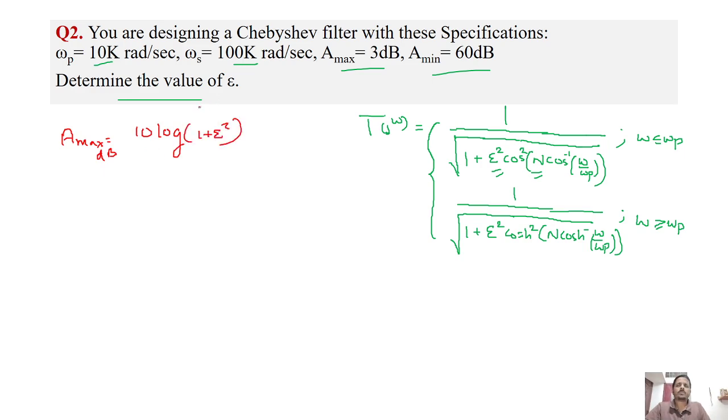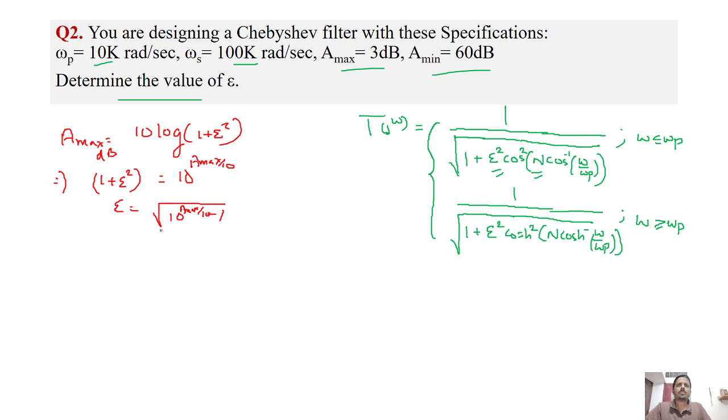From here itself we can find epsilon. The right-hand side will be 1 plus epsilon square, and this will be 10 power A max by 10, right? So epsilon will be equal to root of 10 power A max by 10 minus 1. So this is epsilon.